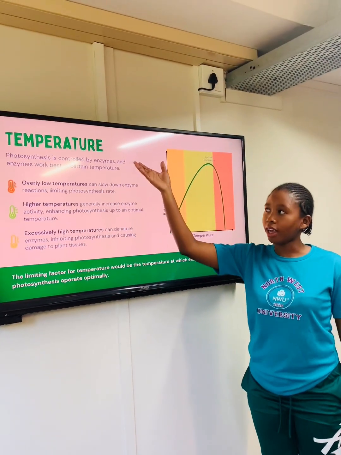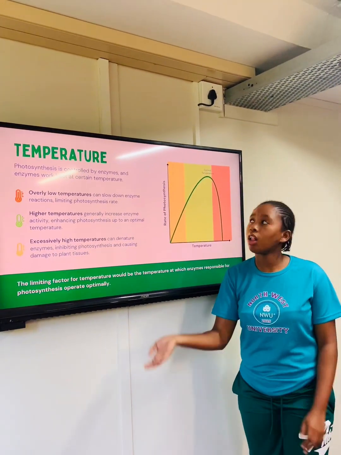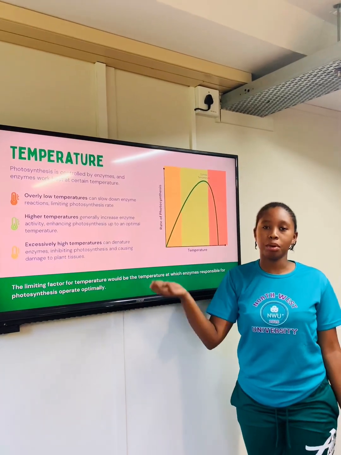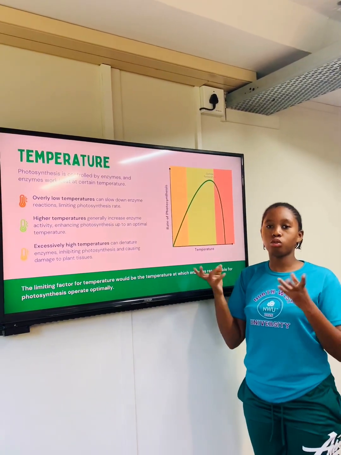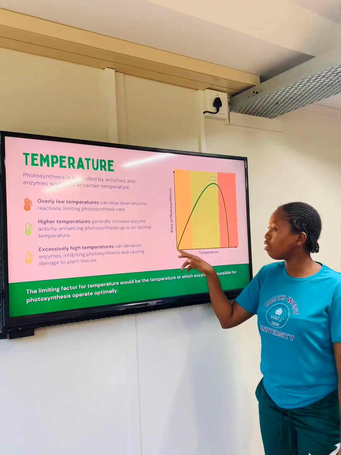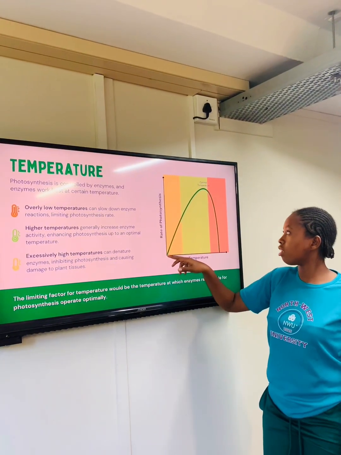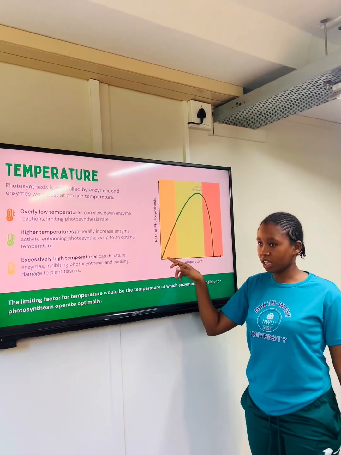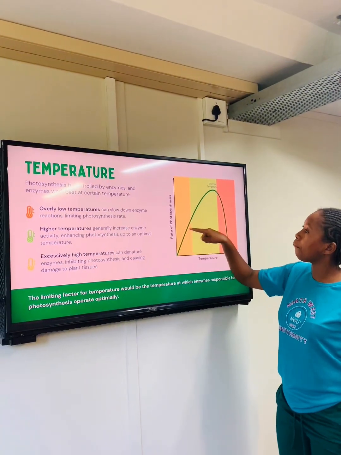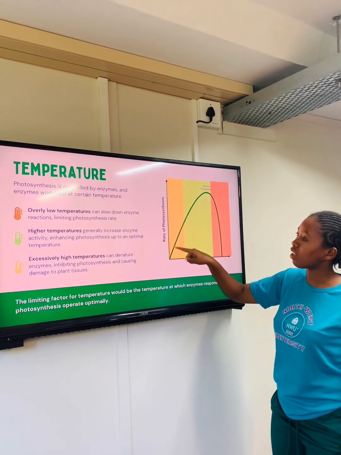Photosynthesis is controlled by enzymes, and enzymes work best at a certain temperature, which is 25 degrees Celsius. A low temperature can slow down enzyme reactions, limiting the photosynthesis rate.